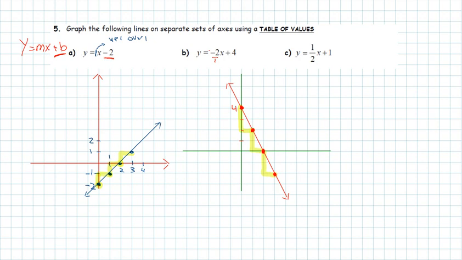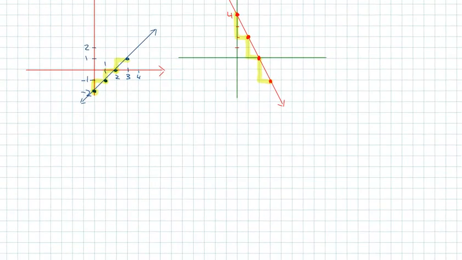Exactly. Now, how would I do it if I want to follow the table of values? A table of values would look like this. You have to assign values for x to find y.